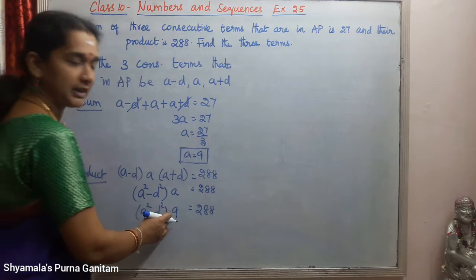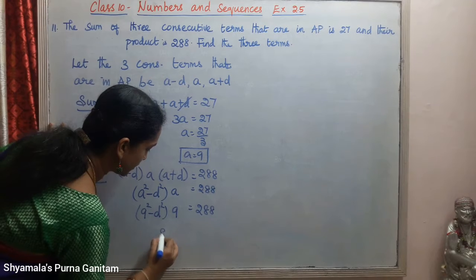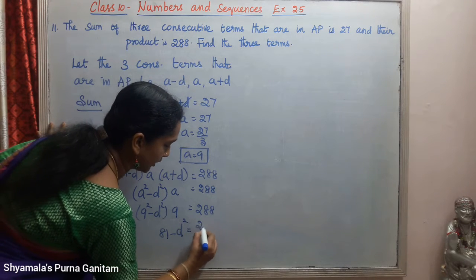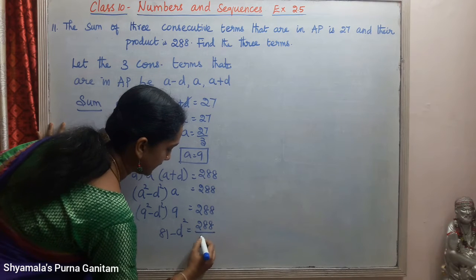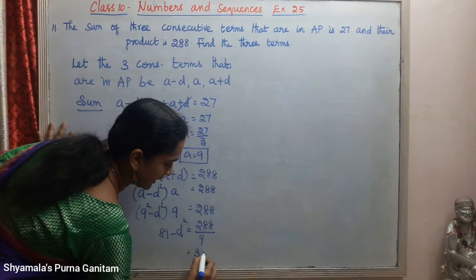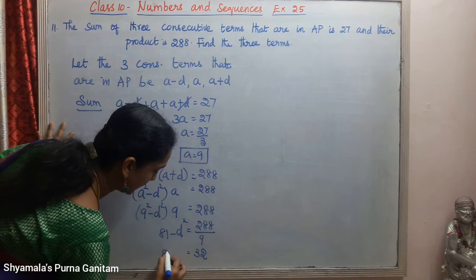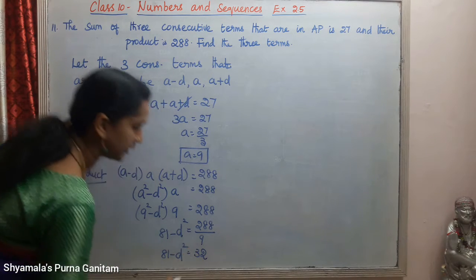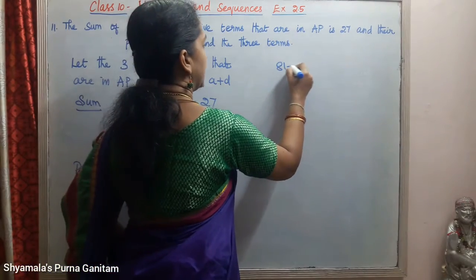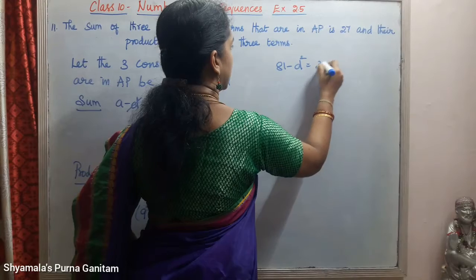So this is in multiplication, we will divide. So 9 squared is 81. 81 minus D squared is equal to 288 divided by 9. So 9 3s are 27, 9 2s are 18, so it is 32. So 81 minus D squared is equal to 32.